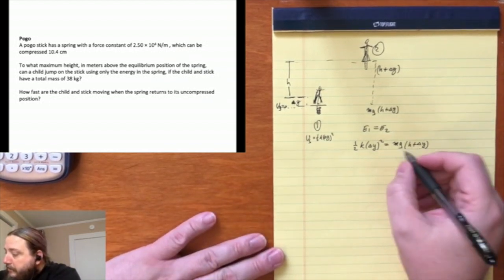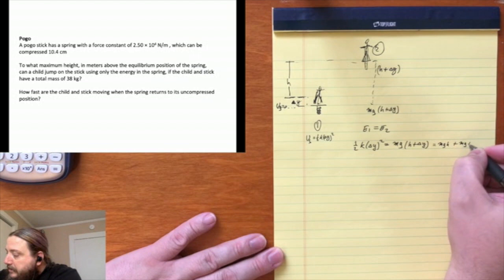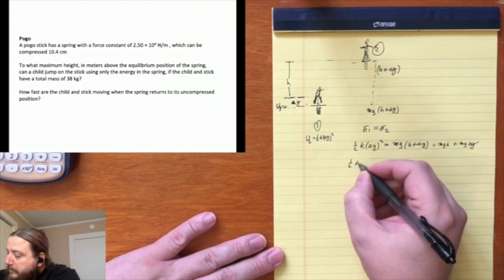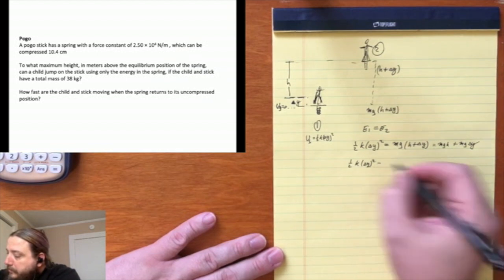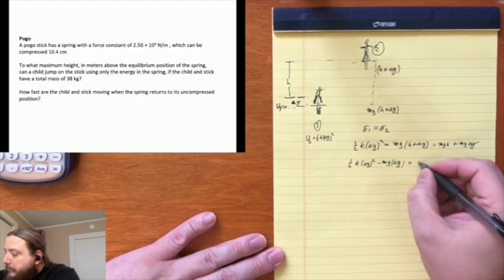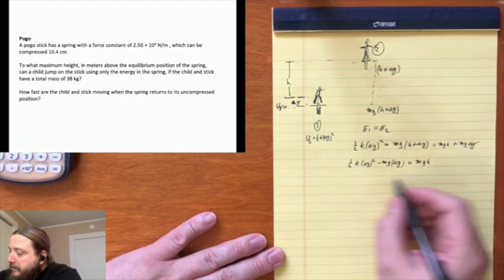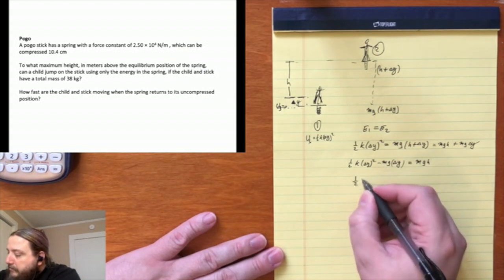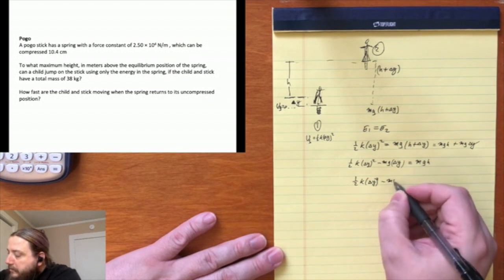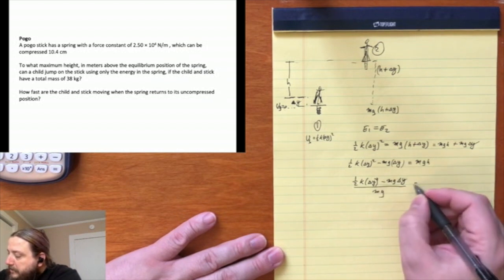And so let's go ahead and expand this out as mgh plus mg delta y. And we can pull the delta y term over: 1/2 k delta y squared minus mg delta y equals mgh, and we can divide both sides by mg, so (1/2 k delta y squared minus mg delta y) over mg is our height.